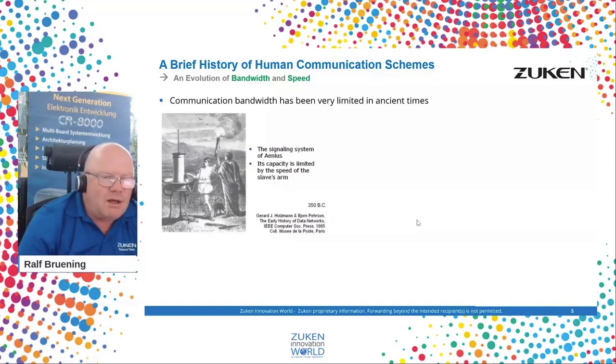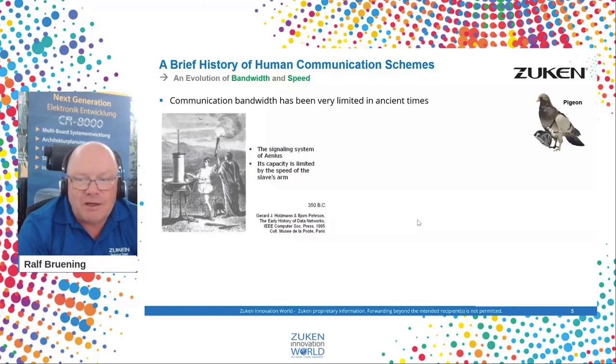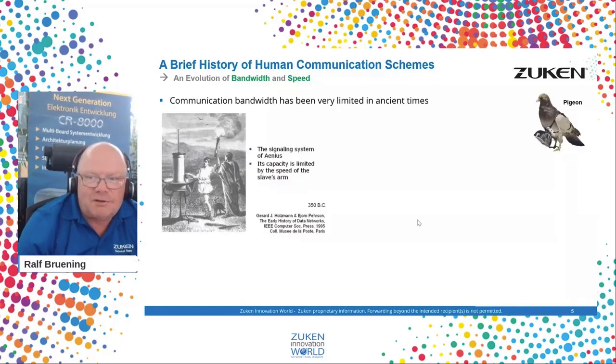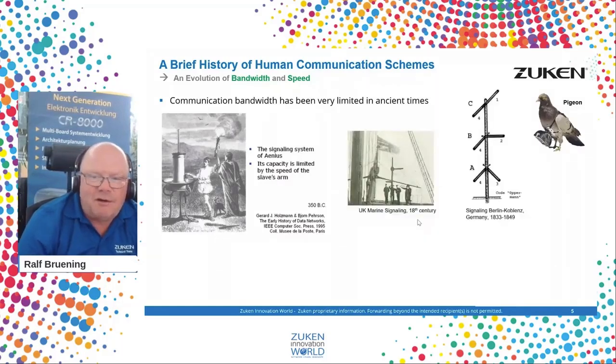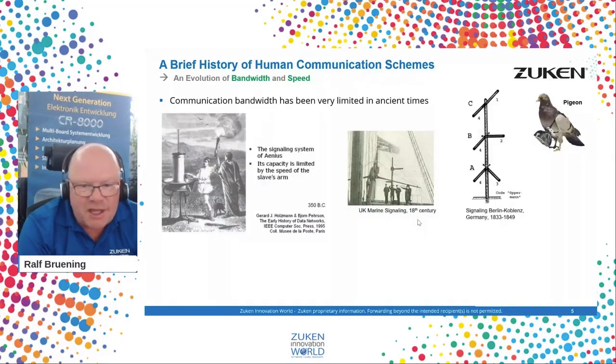Then we had a little bit of evolution. We had other communication schemes like pigeons with small letters in small boxes, limited in bandwidth by the size of the box and by the speed of the pigeon, and we had a kind of failure rate because some of the pigeons never arrived at the destination.